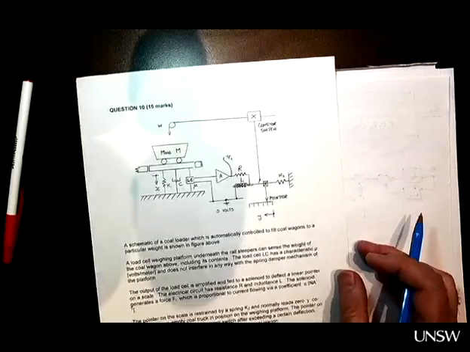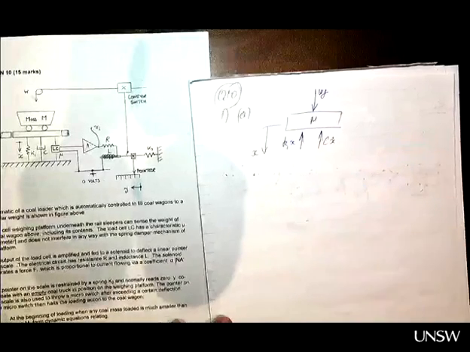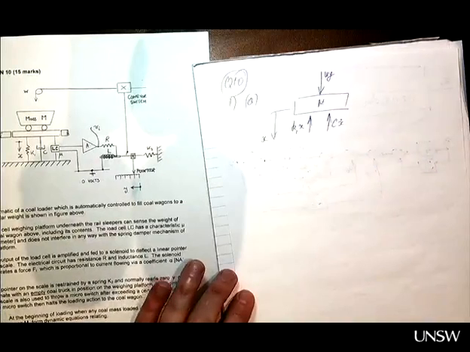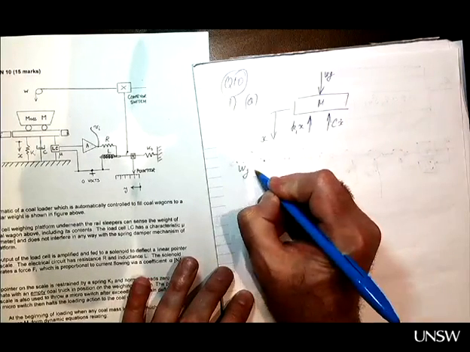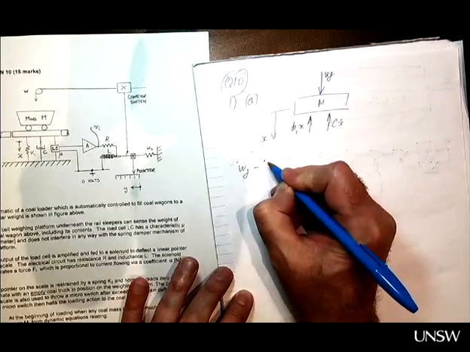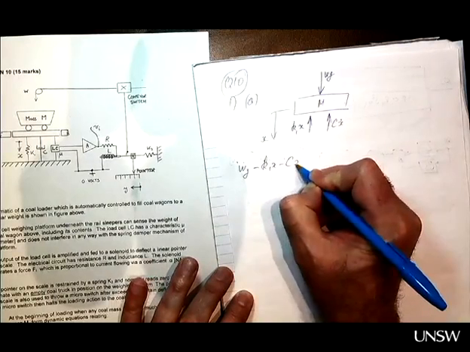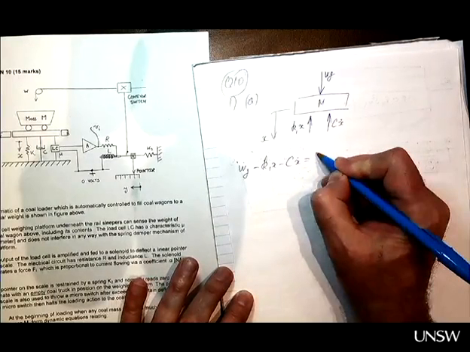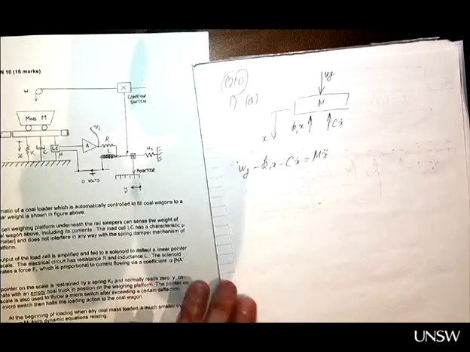From here, we can write the differential equation: Wg minus K1x minus c x dot equals m x double dot. The sum of all forces equals inertia.